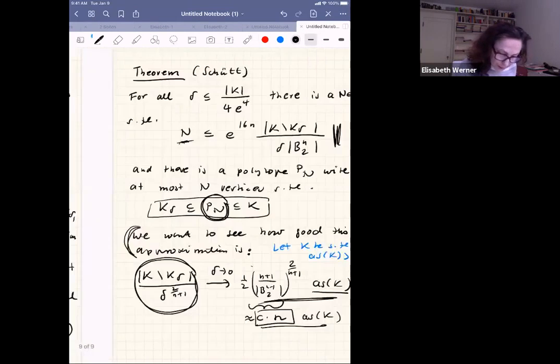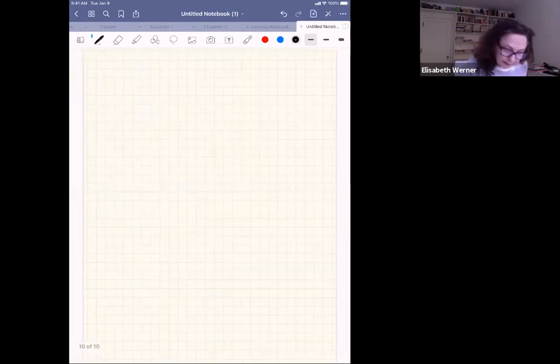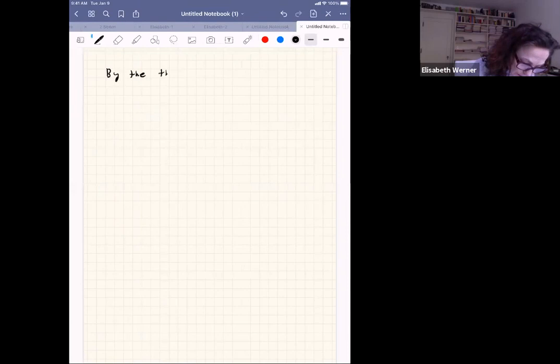Unfortunately, I need another page, but we need the theorem. Maybe you'll remember. So by the theorem, we now have delta very small and fixed.